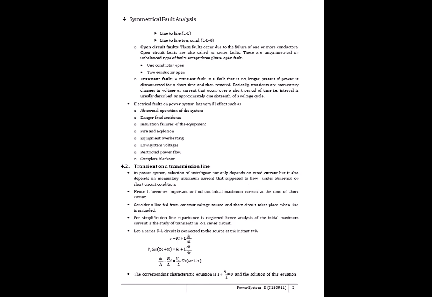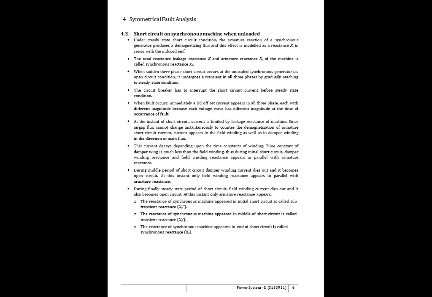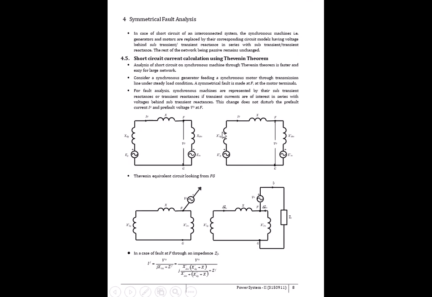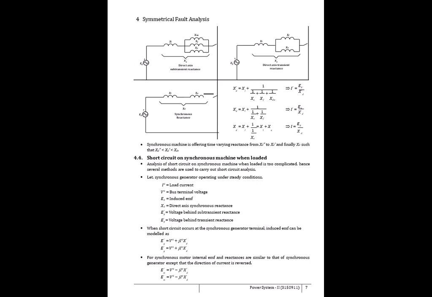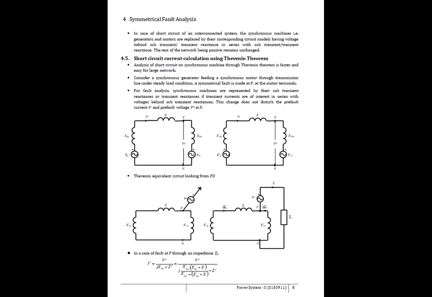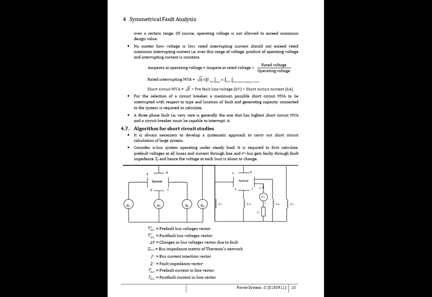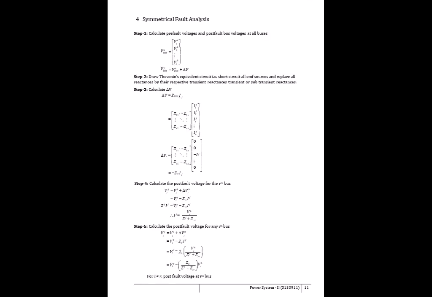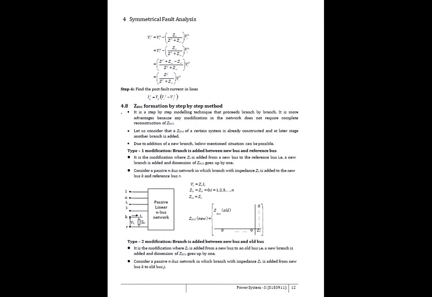Then we discussed how we can derive the formula for RL type of circuit, and then we discussed the short circuit on synchronous machine when loaded and unloaded. Some synchronous impedances were also discussed in the previous lectures, and then we discussed the short circuit current calculation using Thevenin theorem.